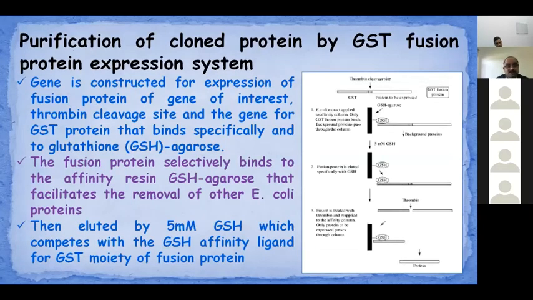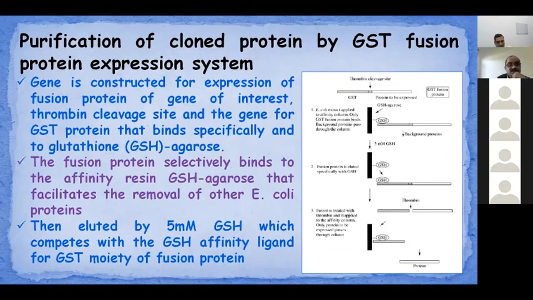The first method is purification of cloned protein in a GST fusion protein expression system. In this system, the gene of the protein of interest is fused with another gene that synthesizes a protein that specifically binds to glutathione, which is immobilized on the columns, or affinity columns.